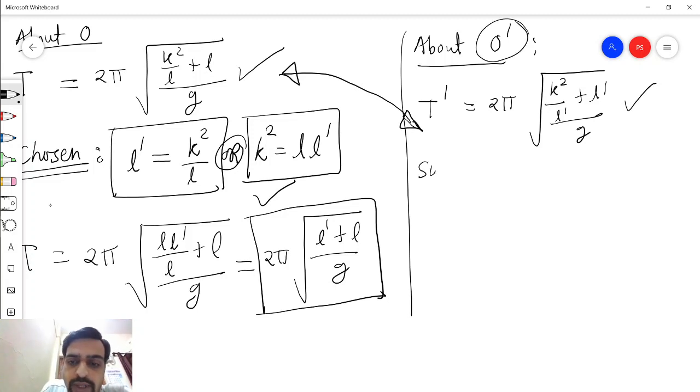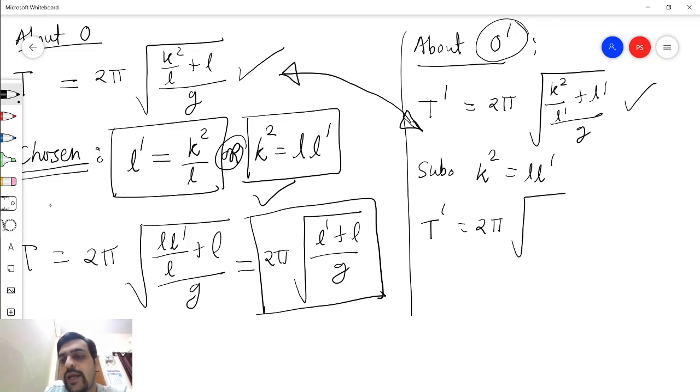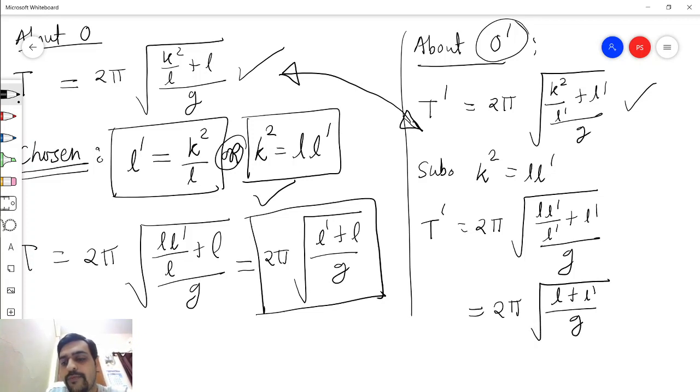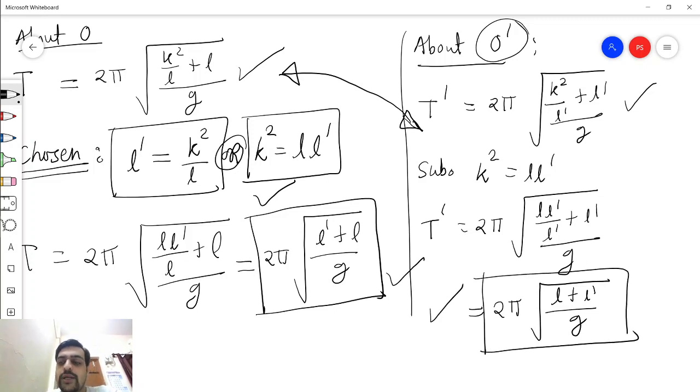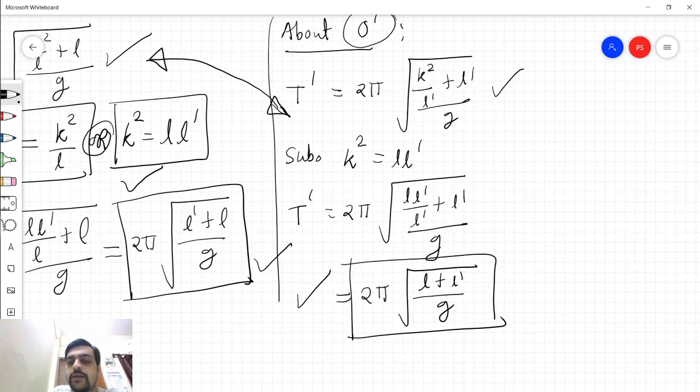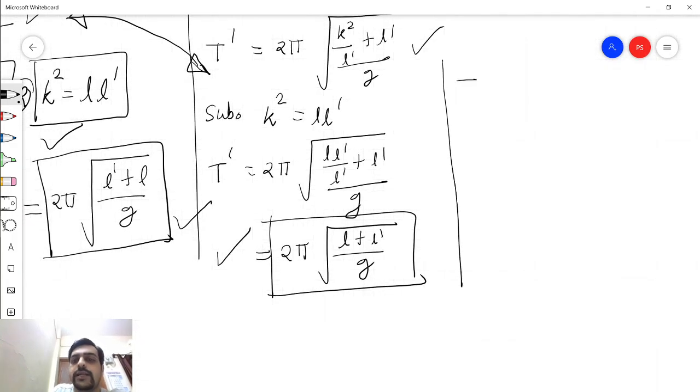Now again we will substitute the same equation, k squared is L L dash, to get T dash equal to 2π under root (L L dash by L dash plus L dash by g), which gives us 2π under root ((L plus L dash) by g). Now we can compare these two expressions and we see that these two are the same. 2π under root ((L dash plus L) by g). So this means that T dash is going to be equal to T.